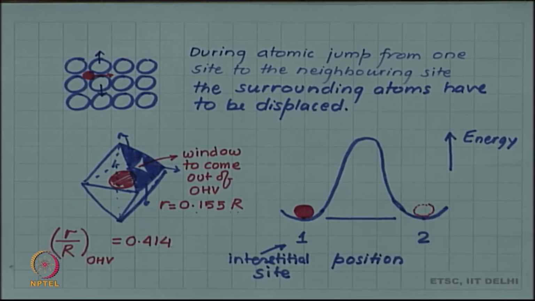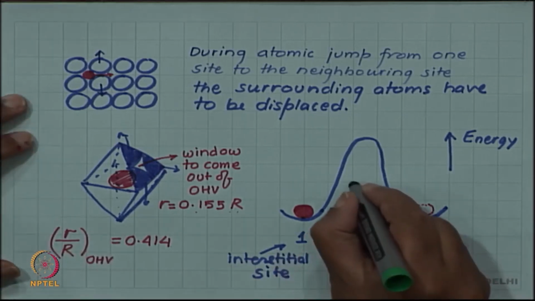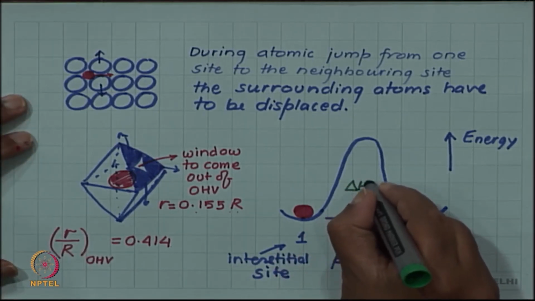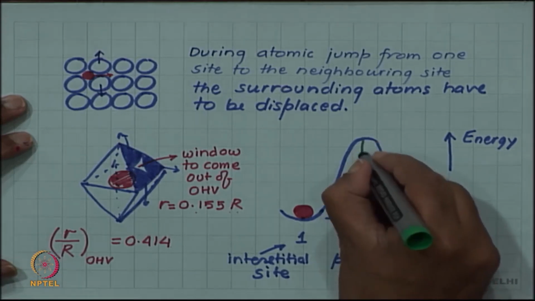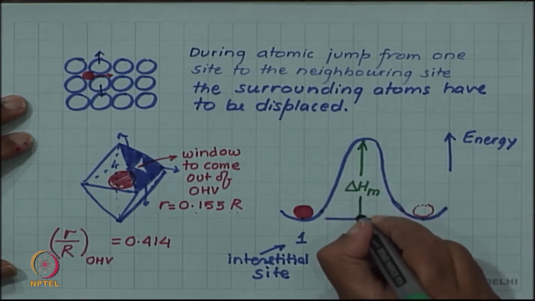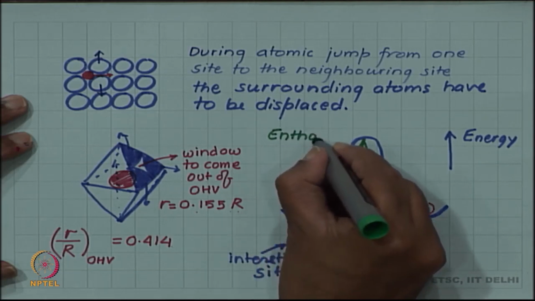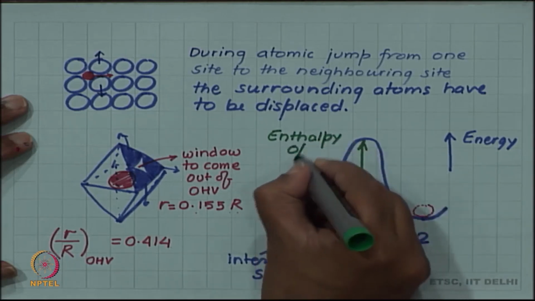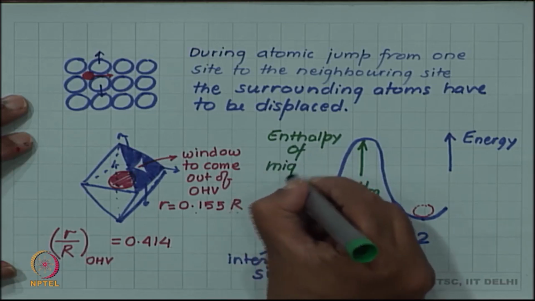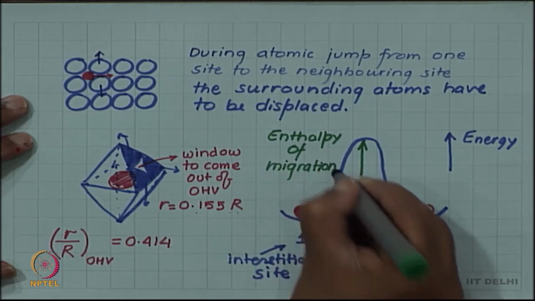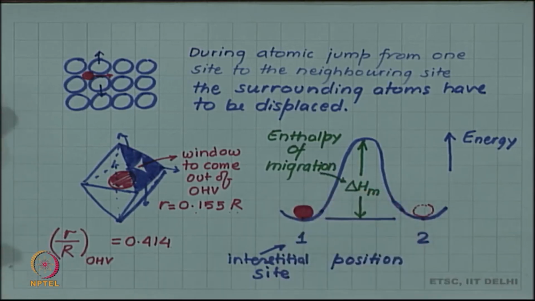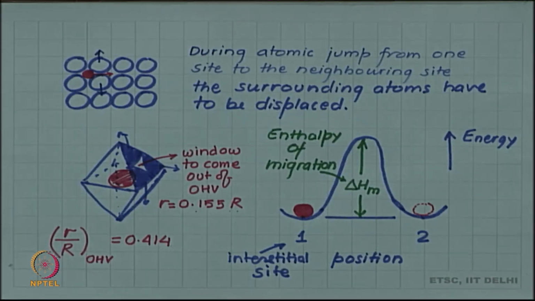And in terms of enthalpy, this energy barrier is written as delta H m, the enthalpy of migration. So, we will use this enthalpy of migration in the next video, where we will derive Fick's first law by atomic mechanism.